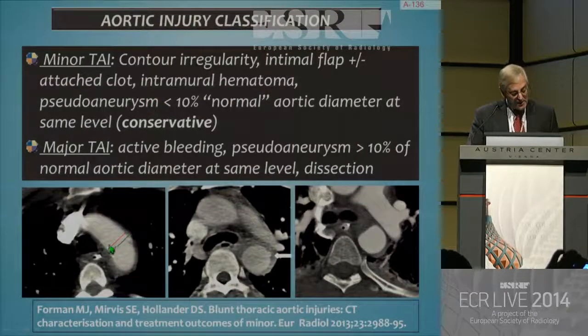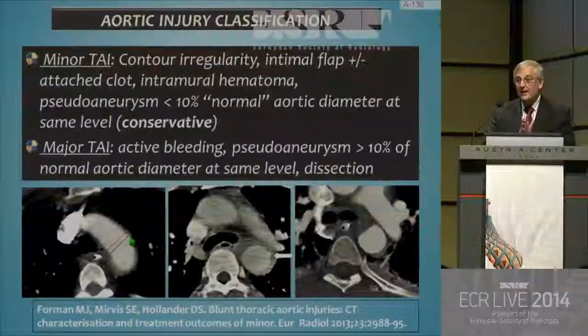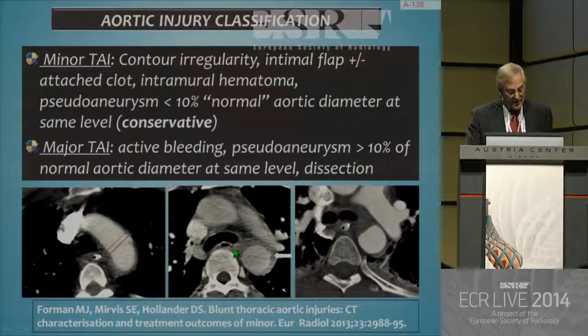And we picked this out of thin air. We said a pseudoaneurysm which is no more than 10% greater diameter than the normal diameter of the aorta. So here's the normal diameter. Here's the diameter at the point of the pseudoaneurysm. If that's less than a 10% increase, that's okay. That's acceptable as a minor injury.